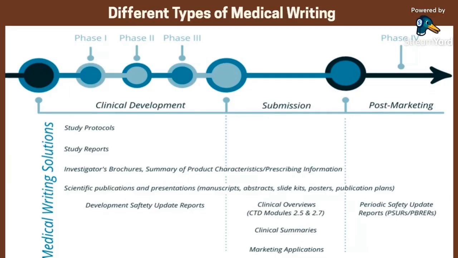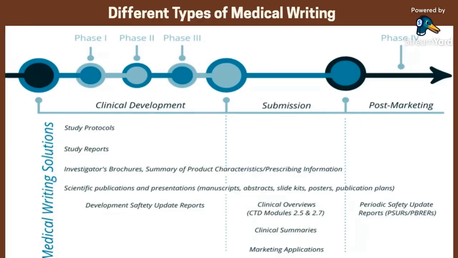And apart from this, as I told, we have different regulatory bodies for different countries. For example, you must all be aware of DCGI, which is located in India, the regulatory body in India. Apart from DCGI, we have CDSCO, which acts as a main regulatory body in India.